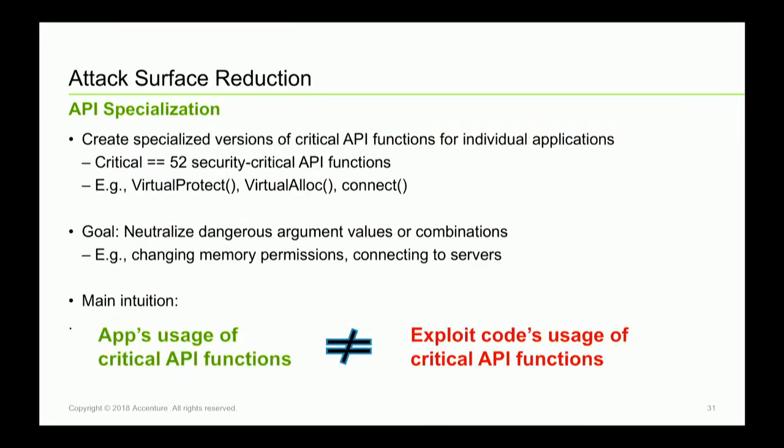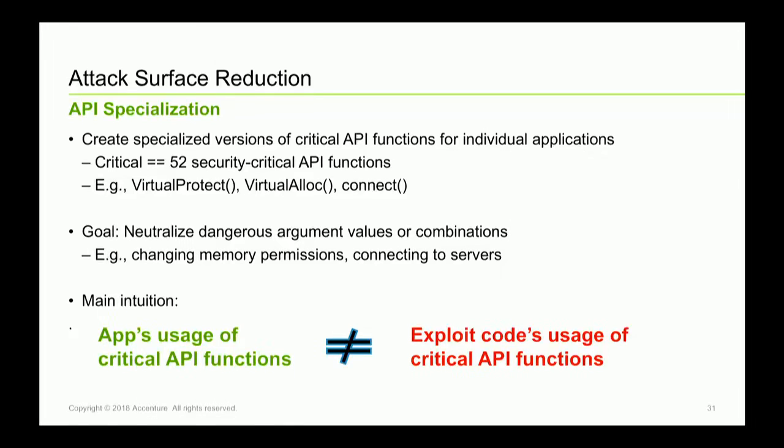So what we did is create a specialized version of this API and enforce some policy on it. We looked into all these APIs and how they're used across ROP chains and exploits, and we identified 52 what we call security-critical API functions, such as VirtualProtect, the equivalent of mprotect, malloc, and connect.